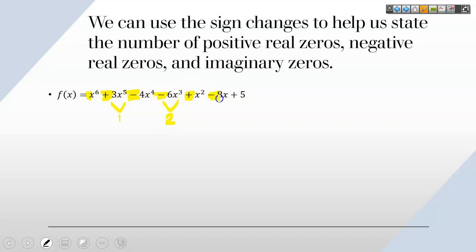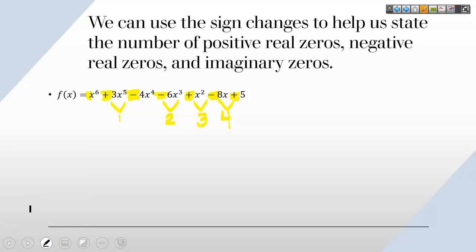Positive, negative, a third change. Negative, positive, a 4th change. So what that means is that at most, this graph can have 4 positive real roots.